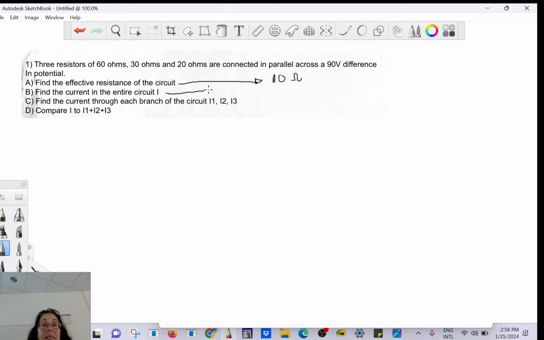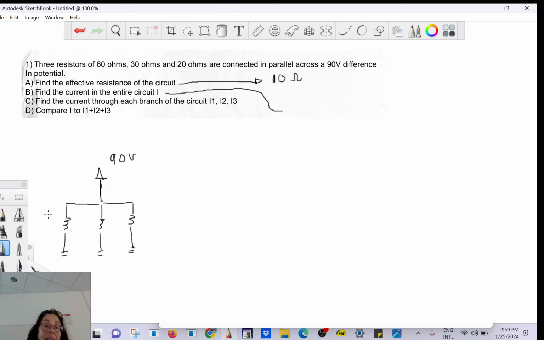Find the current in the entire circuit. Entire circuit means you replace your circuit by one big resistance equal to 10 ohms. I'm going to make a drawing, but actually you don't need a drawing. I'm going to do 3 pipes. One pipe here, another pipe here.